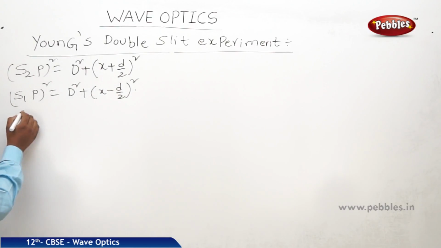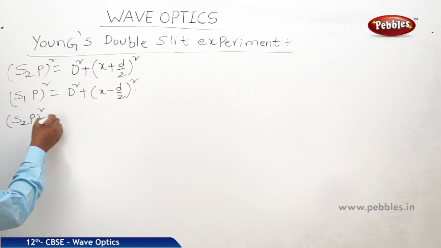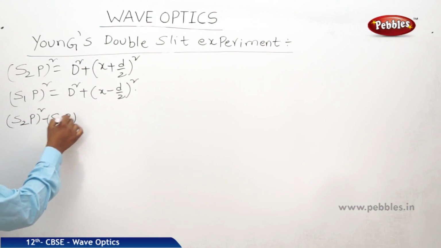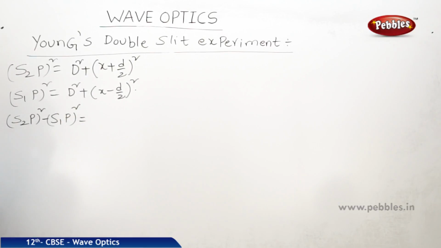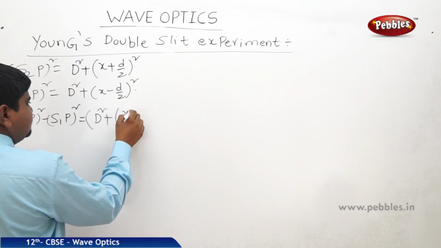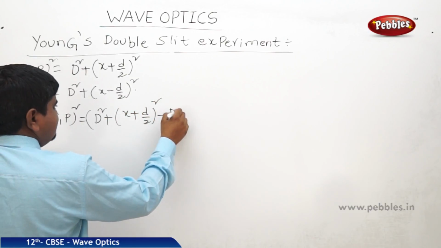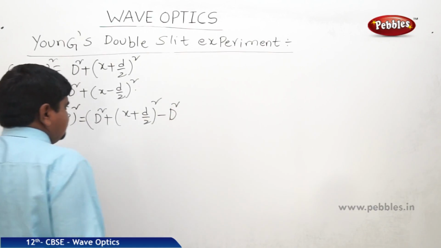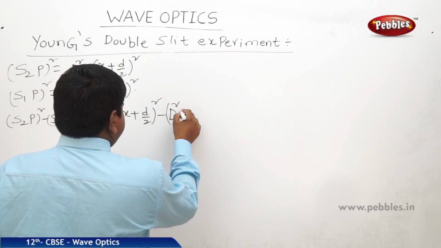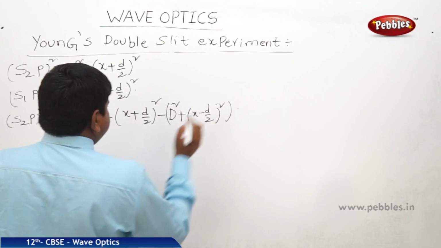Now I am finding S2P square minus S1P whole square. So it is D square plus x plus d by 2 whole square minus D square minus of D square plus x minus d by 2 whole square.